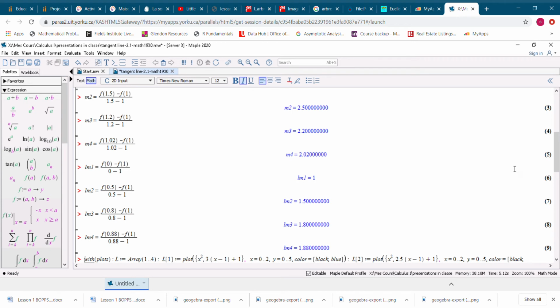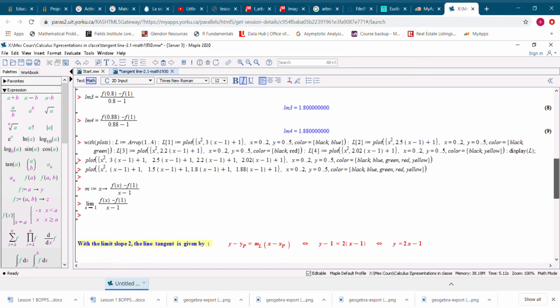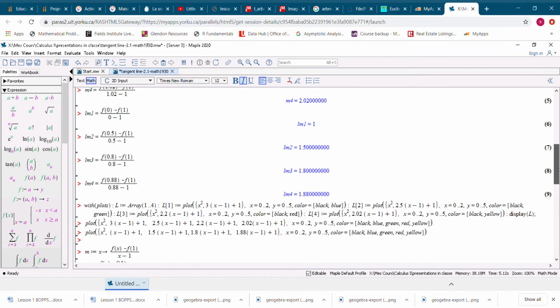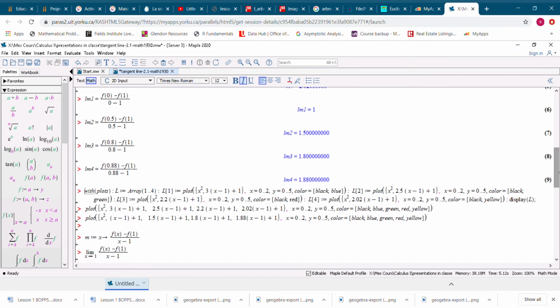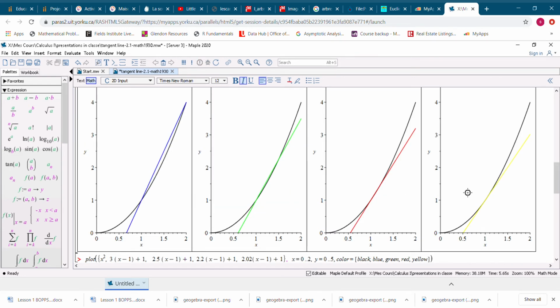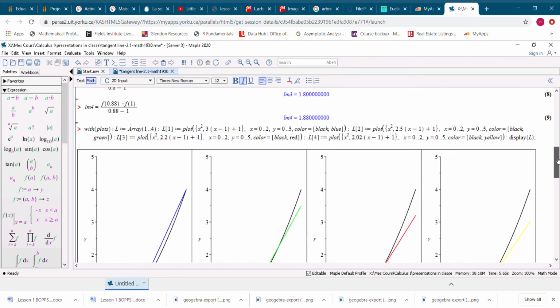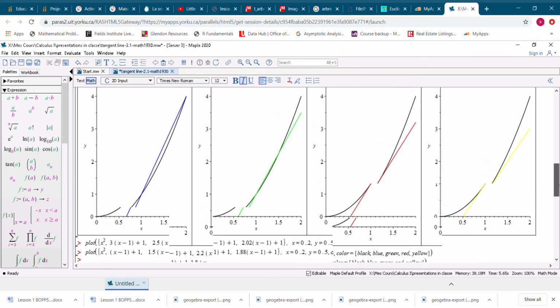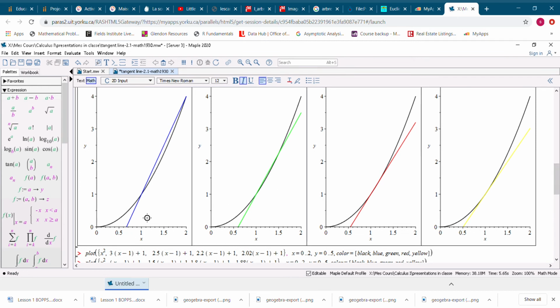Now let's graph the secant lines passing through P and Q for the different values of Q. Here it is. I considered the parabola and graphed 4 lines here.